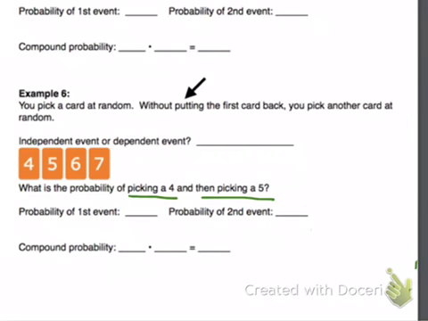You have to get the 4 first and then the 5, otherwise you would not satisfy this probability. So just something to keep in mind if you were actually in a contest, or if you're designing your game, which you're going to get to in a second. Remember, the person can't win at this level unless they get that 4 first. Once they get the 4, then if they want to try again, they have to get the 5. And that's how that works.